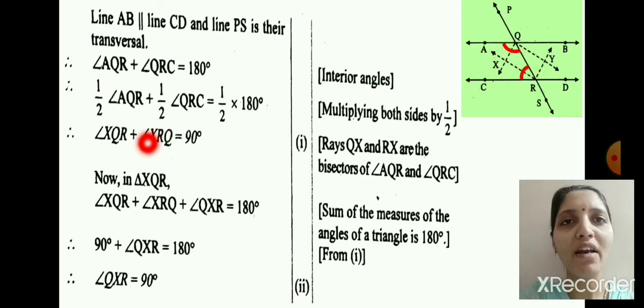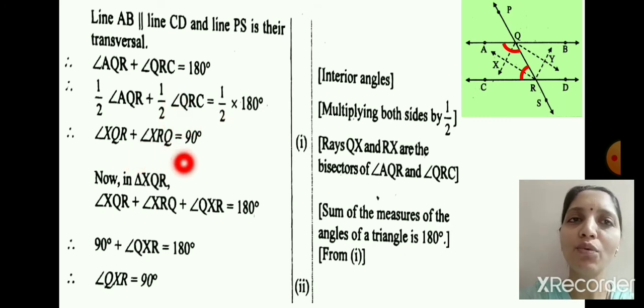So we can write here half of angle AQR is nothing but angle XQR and half of angle QRC is nothing but angle XRQ. That is equal to, 2 ones are 2 and 2 nineties are 180 degrees, so you will get here 90 degrees. Write this equation as equation 1 and reason you will write as ray QX and ray RX are the bisectors of angle AQR and angle QRC.